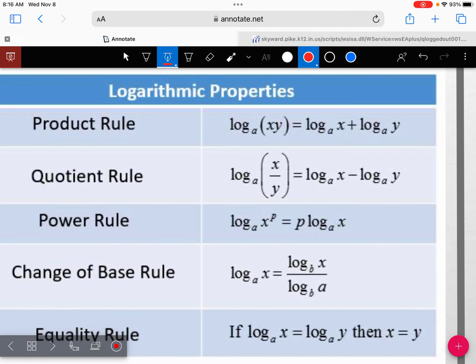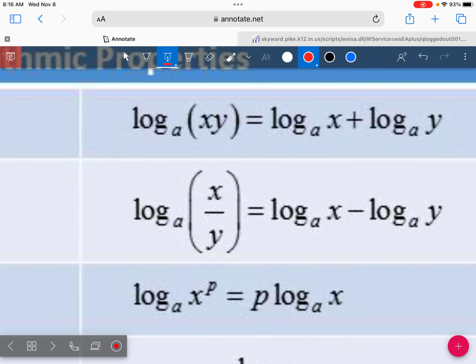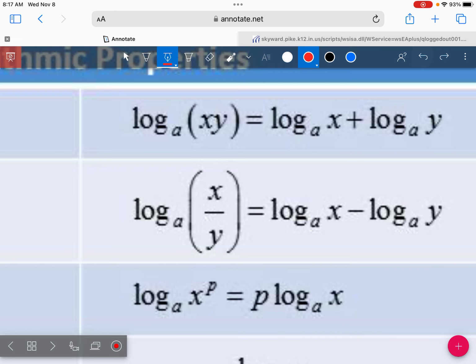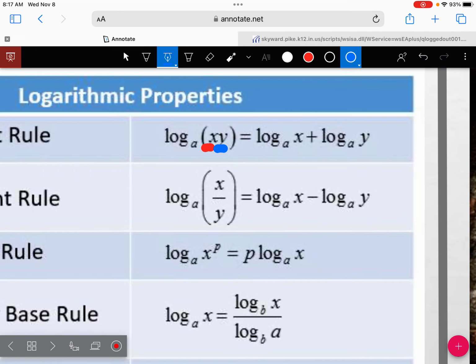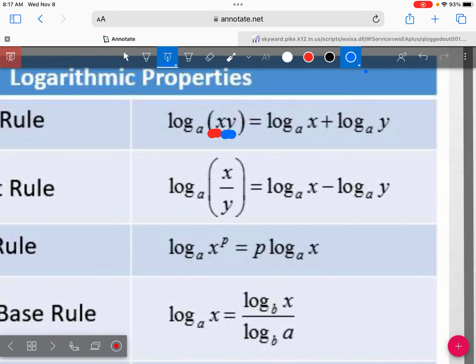The product rule simply says that when you have two things being multiplied, see how I have the log of x times y, I can expand multiplication. So what's happening here is I'm expanding multiplication with addition. So I can expand two things that are being multiplied. That expands with addition.